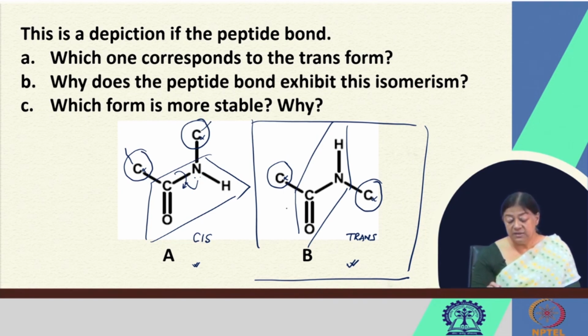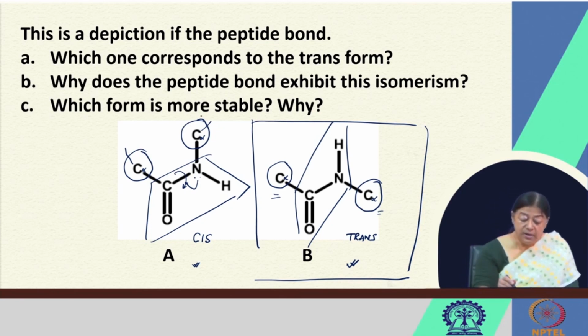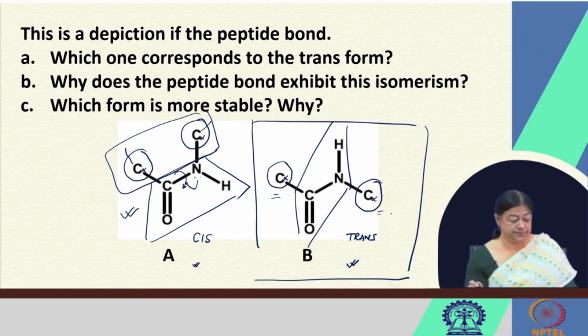Because of that, if it is in the trans form, there is a lower possibility of any steric interactions or any possibility of their coming together. So, the clash of the side chains is more possible when we have a cis conformation, less so when we have a trans conformation.